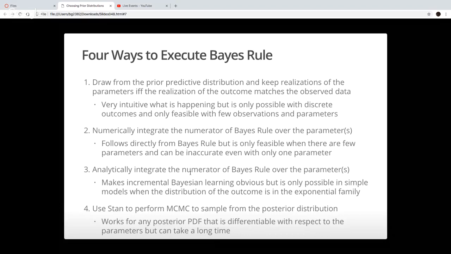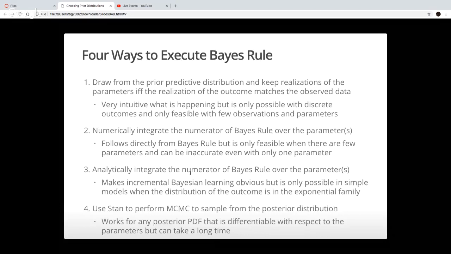And so then we can get the number that is in the denominator of Bayes' rule, and divide that function that we've defined for the numerator by whatever number is spit out by the integrate function. And now we have a posterior PDF for the unknown parameters that integrates to 1, and thus we could interpret it in terms of probability theory.